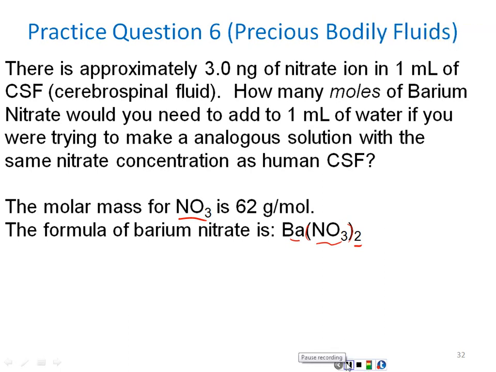Our first step, pretty much always your first step if you're given a mass of something, you need to convert it into the number of moles. So we're given 3 nanograms of nitrate. So we need to convert that into grams. So 3 nanograms, 1 gram has 10 to the 9th nanograms in it.